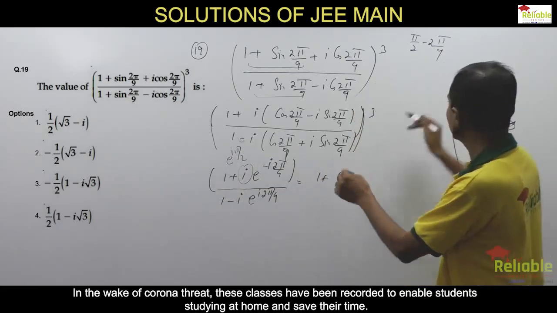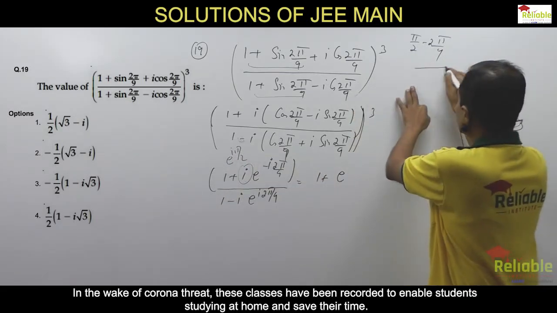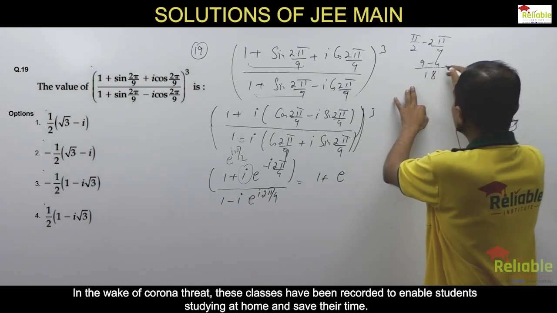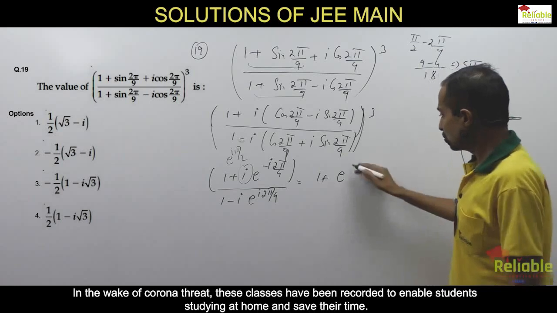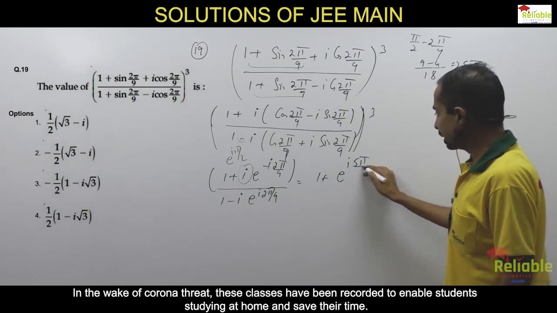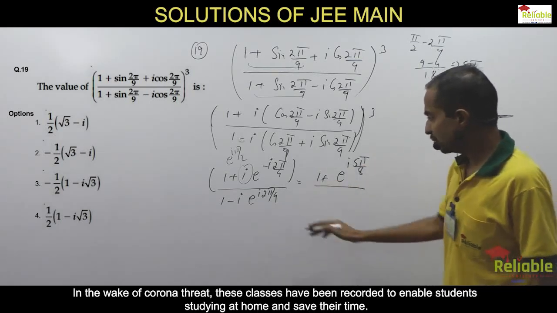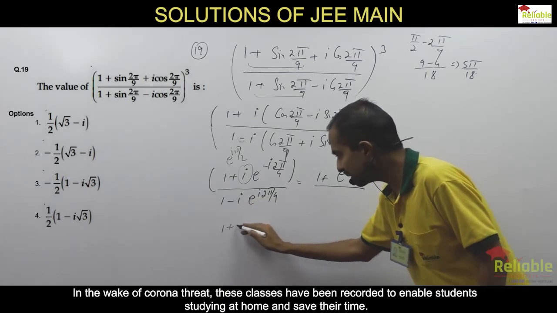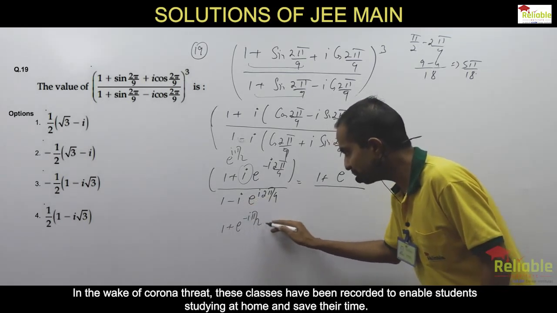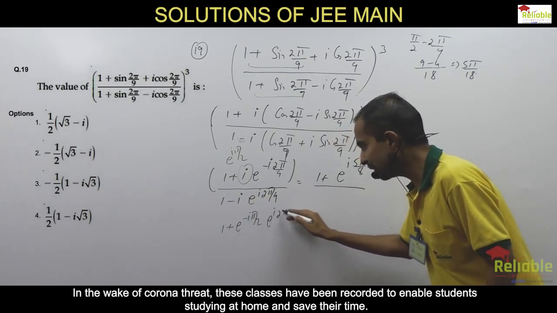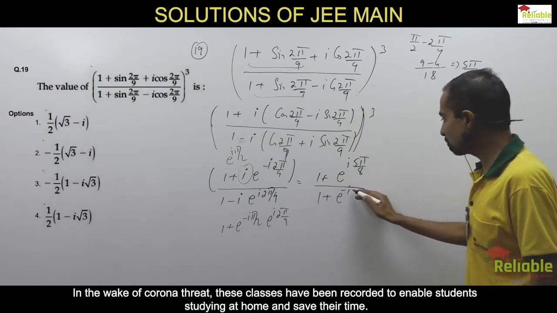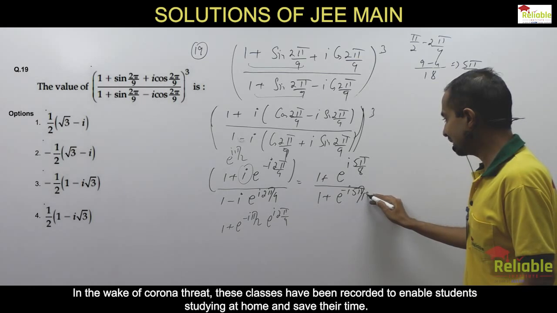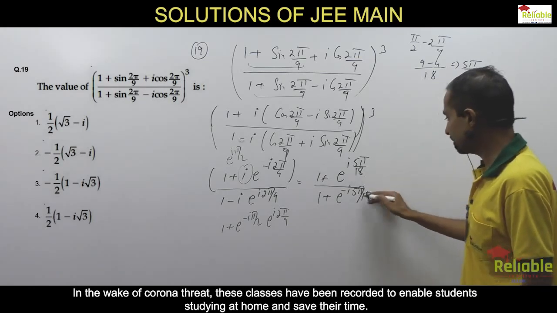So these will get subtracted, the arguments. So 9 minus 4 over 18, that is 5 pi by 18, right? So e^(iota 5 pi by 18), and here you're going to get 1 plus e^(iota minus pi by 2) times e^(iota 2 pi by 9). So again they will get subtracted. So 1 plus e^(minus iota 5 pi by 18), right?